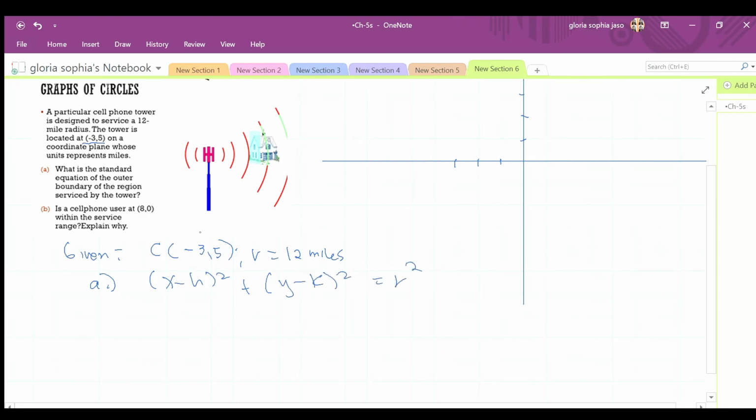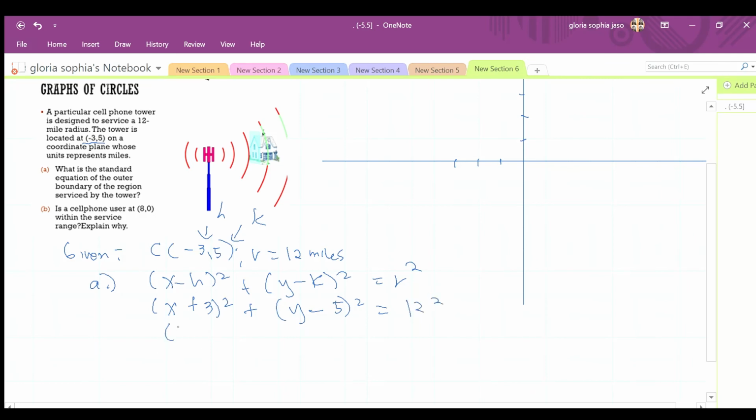So, given that, negative 3 is the h and 5 is our k. Substituting to the formula, our r is 12. So x minus negative 3, we can now make it positive, plus y minus 5, equals 12 squared.